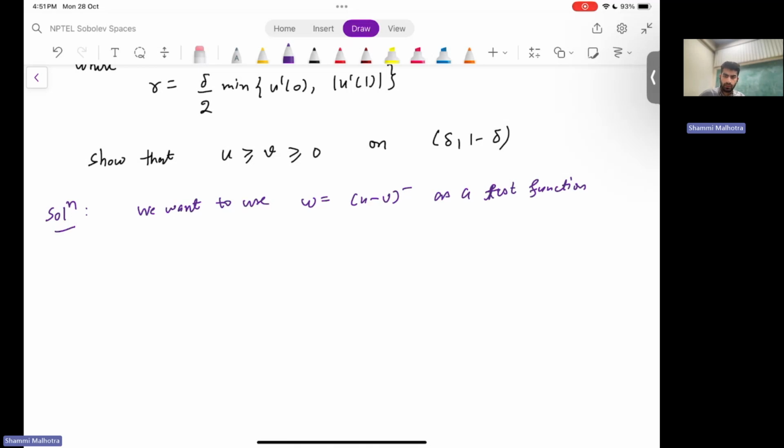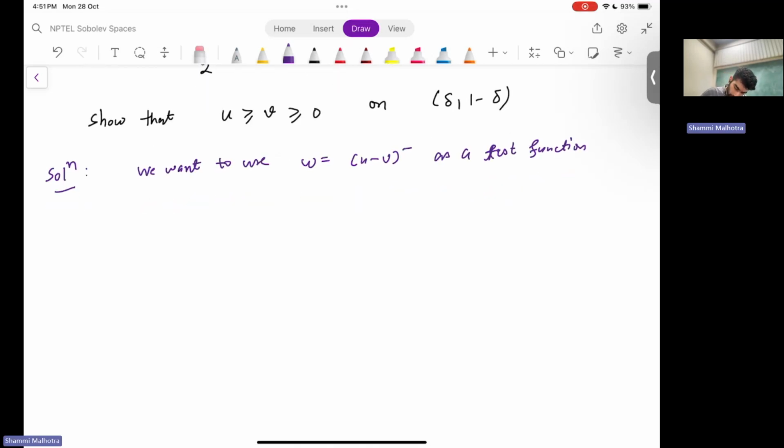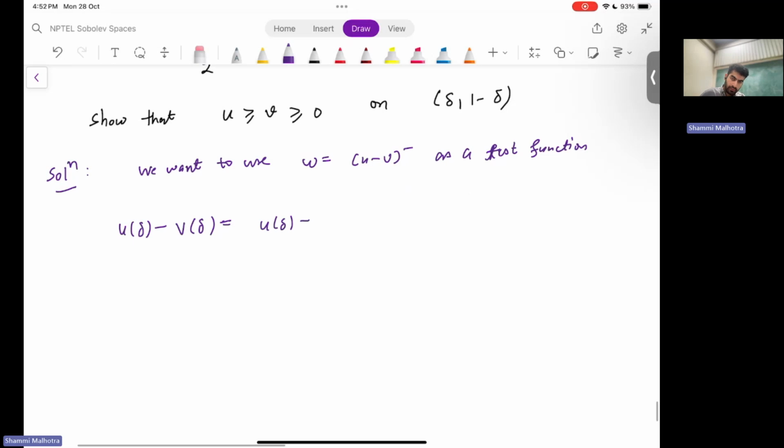So we actually show that w vanishes on the boundary. So if we consider u of delta minus v of delta, this is u of delta minus gamma, and gamma is nothing but delta by 2 times the minimum of u dash 0 and mod of u dash 1.